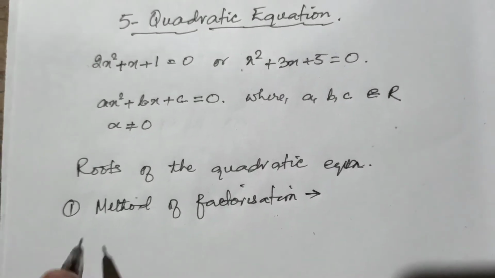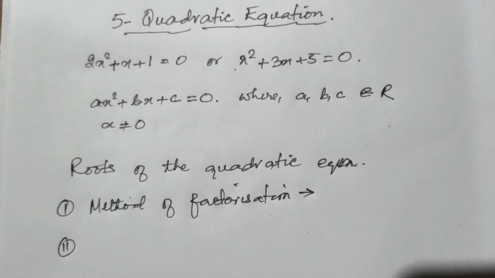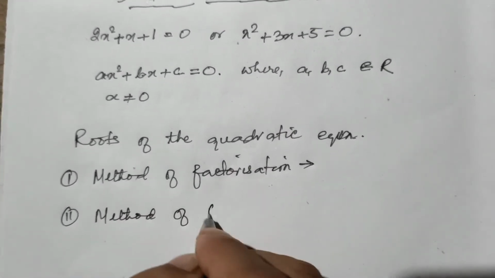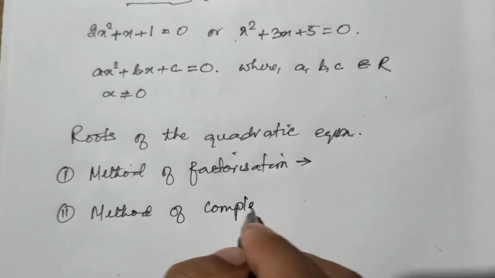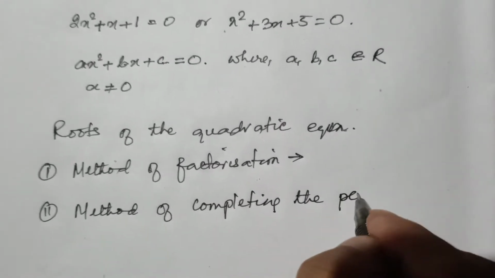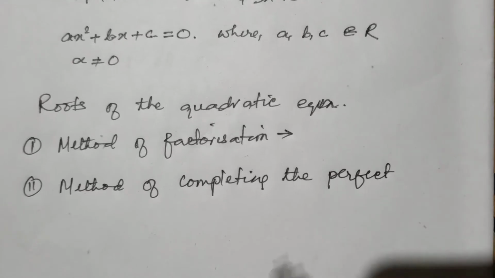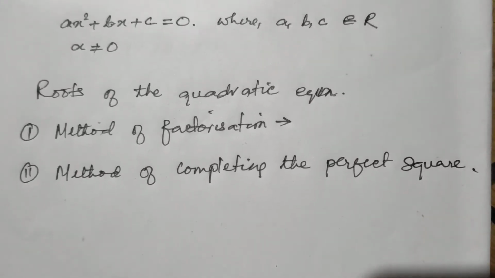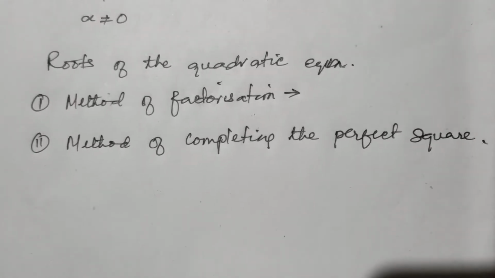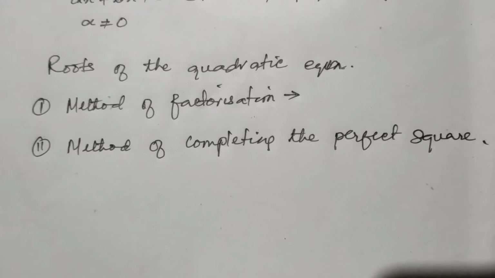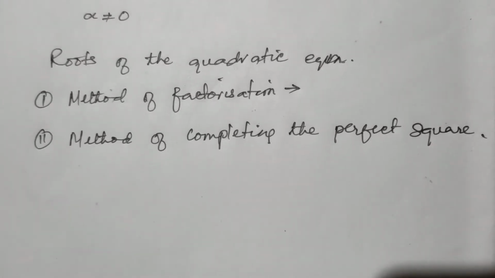And secondly, the method of completing the perfect square. This method is new to you, so we are going to derive the equation for solving the quadratic equation by the method of completing the perfect square.